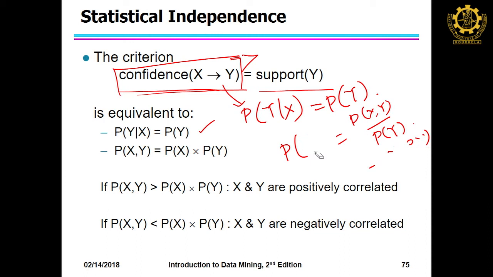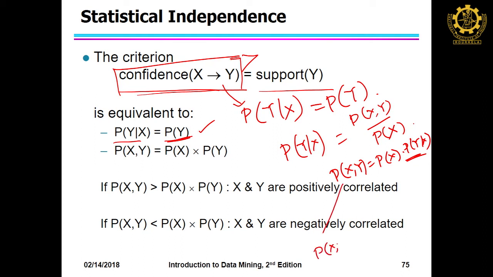So, Bayes rule says the probability of Y given X equals probability of X and Y over probability of X. So, from here what can we write? Probability of X and Y equals probability of X times probability of Y given X. And what is that? Probability of Y given X is P of Y. So, then from here what can we write?